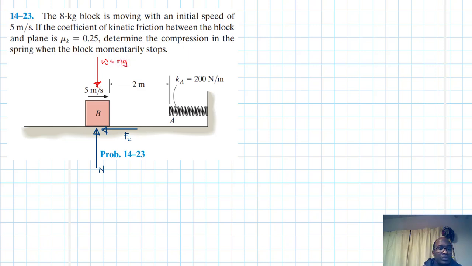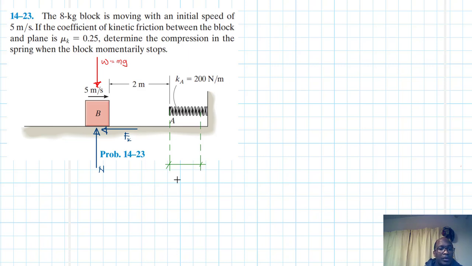Alright, so there's going to be a point when this particular block is in contact with a spring. And let's say this is the amount of compression that the spring will undergo. Let's assume this is the amount of compression.